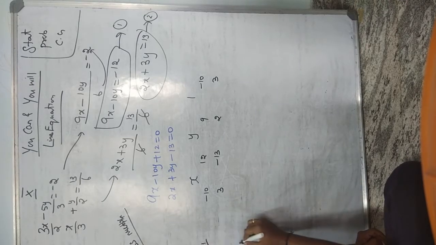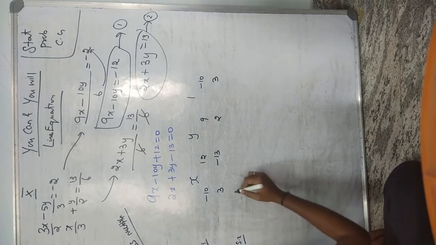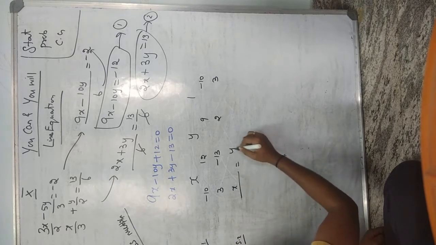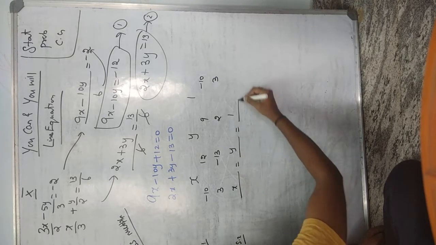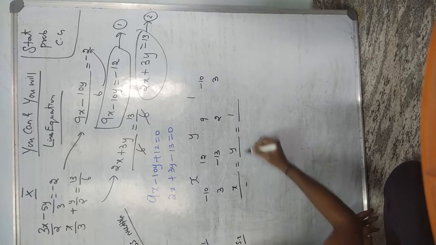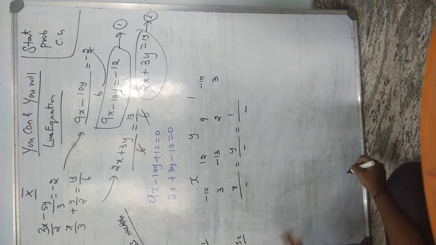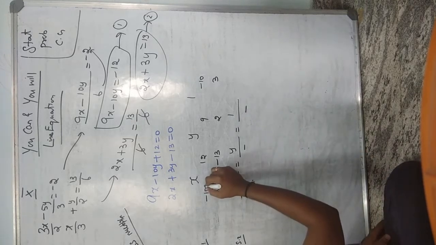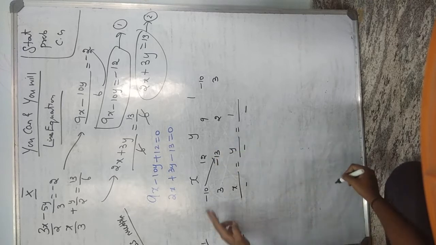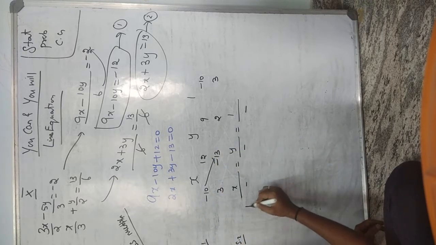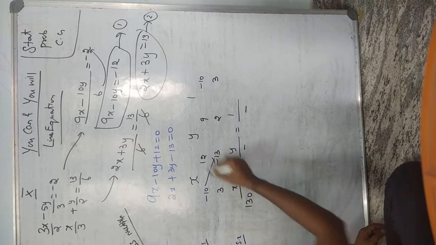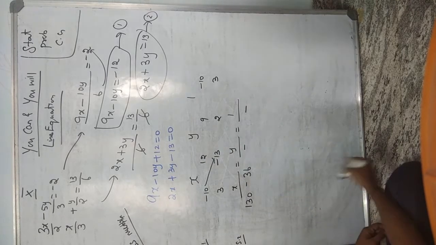Step number 1. Step number 2. x upon, y upon, 1 upon, center put minus for all the sums. Now multiply from left to right. Minus 10 into minus 13, 130. 3 into 12, 36.